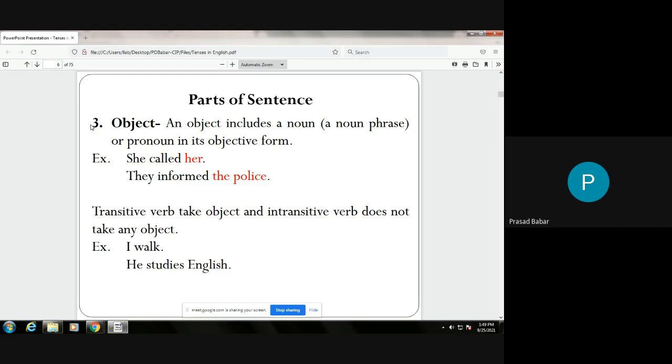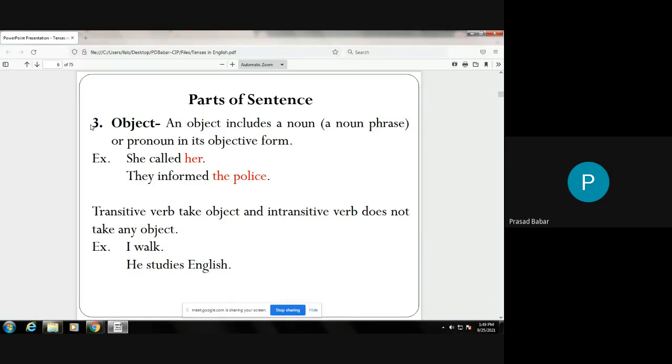I walk. Is there any object in this sentence? No, there is absence of object.